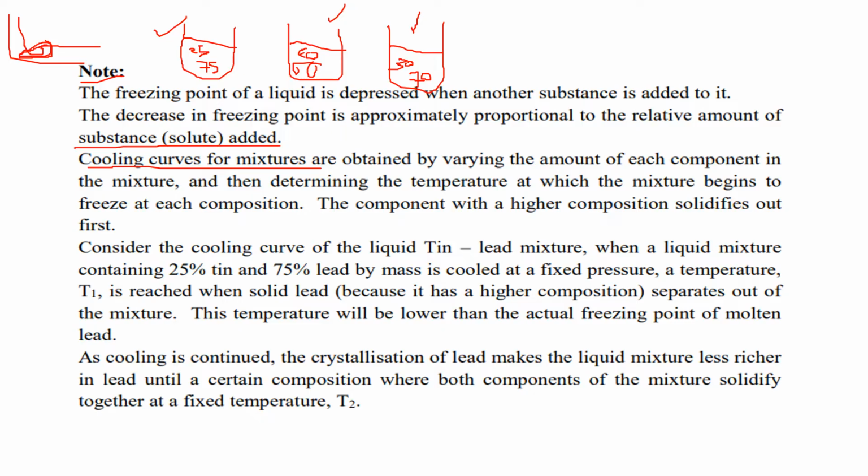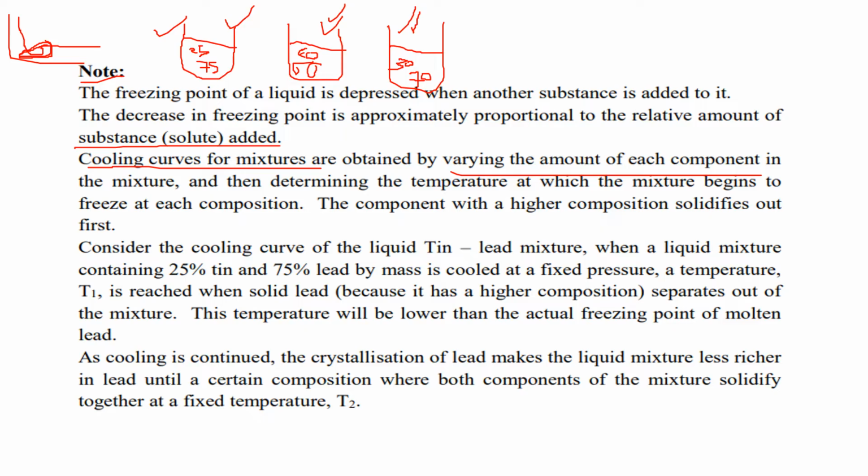So we are saying that cooling curves for mixtures are obtained by varying the amount of each component in the mixture, which I've explained here, and then determining the temperature at which each mixture begins to freeze.